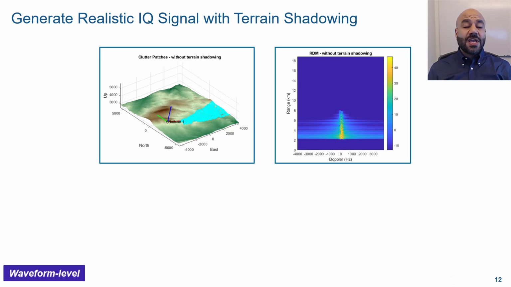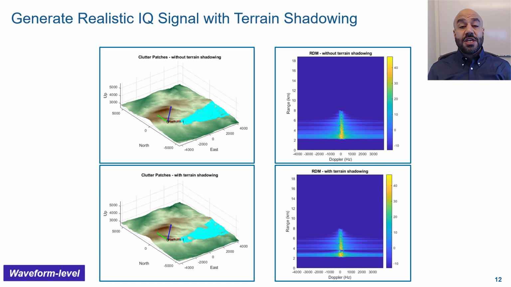Now, we can turn on the terrain shadowing property in our radar scenario to take into account the effect of occlusion and surface shadowing. When we look closely at the beam footprint of the radar on the ground, we notice that there are areas where there is a gap, which there was not a gap before in the beam footprint.